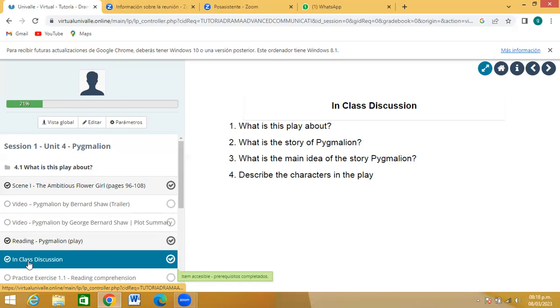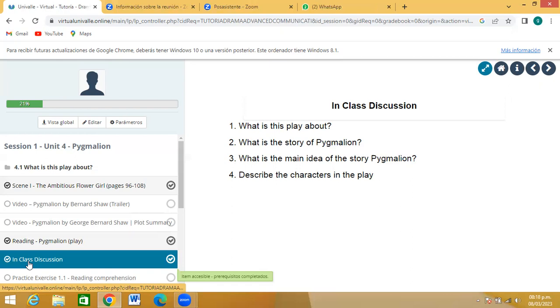When you have time and read the whole reading, you will find that we have other characters like Alfred Doolittle, and you're going to find out whether Alfred and Eliza are siblings or probably married. We also have Mrs. Higgins.